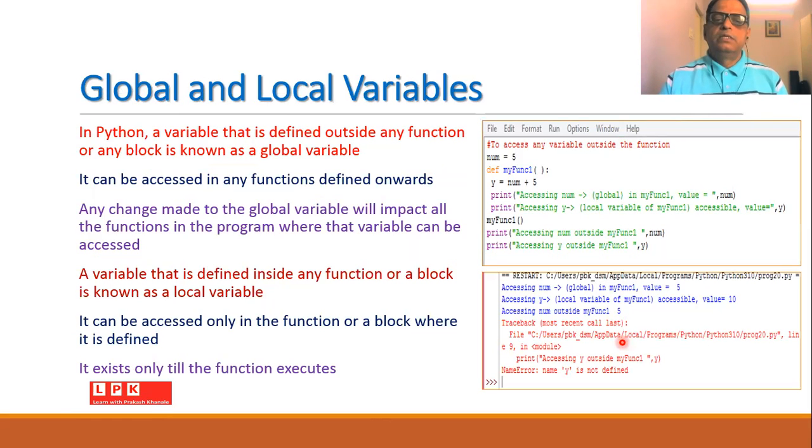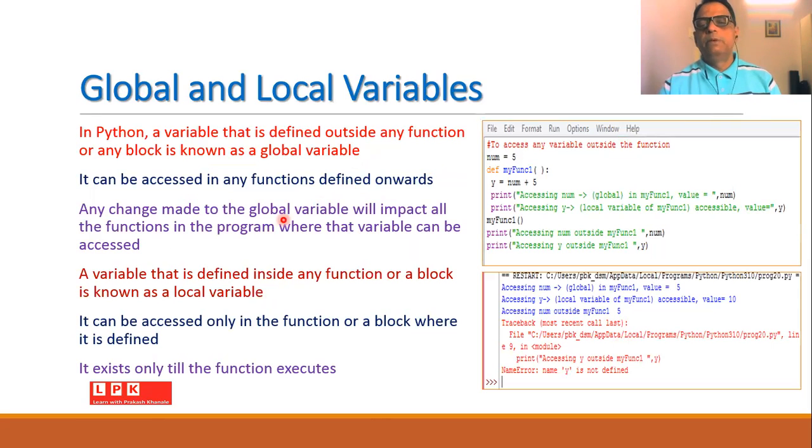Let us understand the concept of global and local variables. In Python, a variable that is declared outside any function or any block of statements is called a global variable. A global variable can be accessed in any function defined onwards.